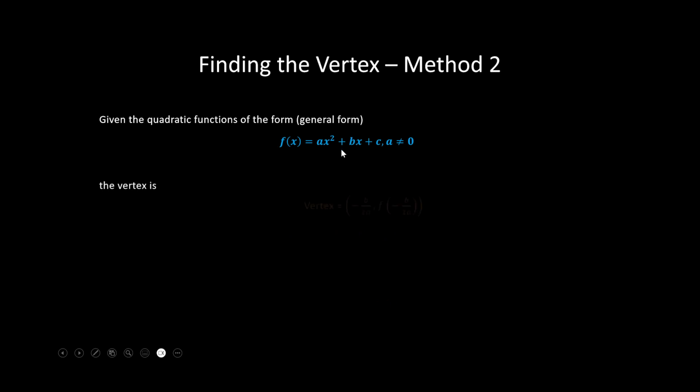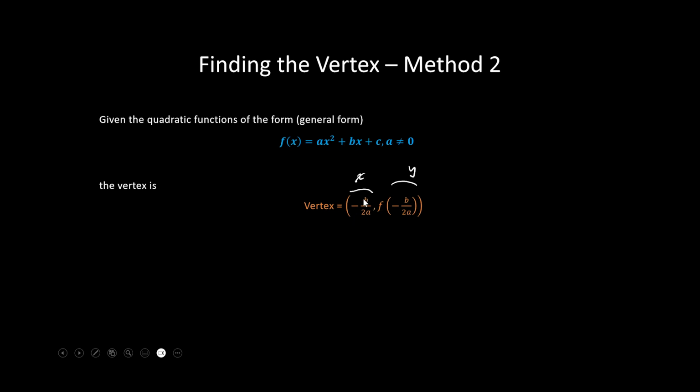The second method is, again, we start with some quadratic function, but we do not change it. We do not put it in any other form. All we do is grab from the values a, b, and c the x of the vertex and the y of the vertex. x is just negative b over 2a. So we take b divided by 2a and put a negative in front.